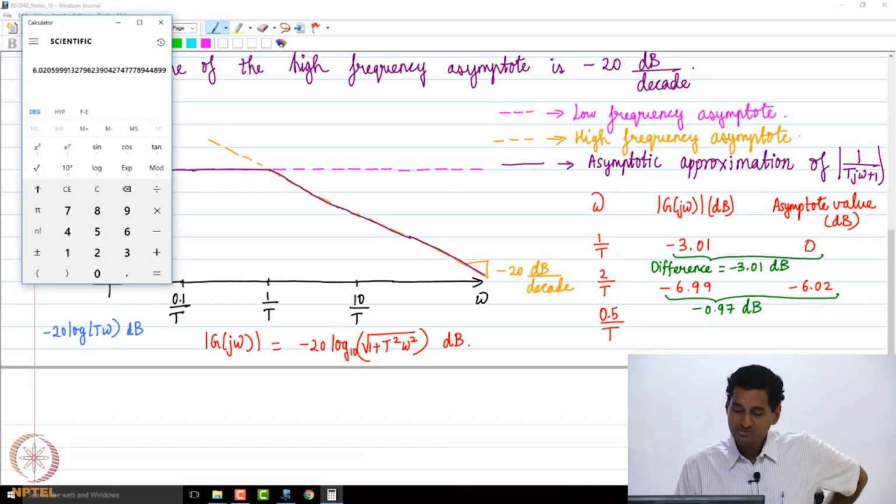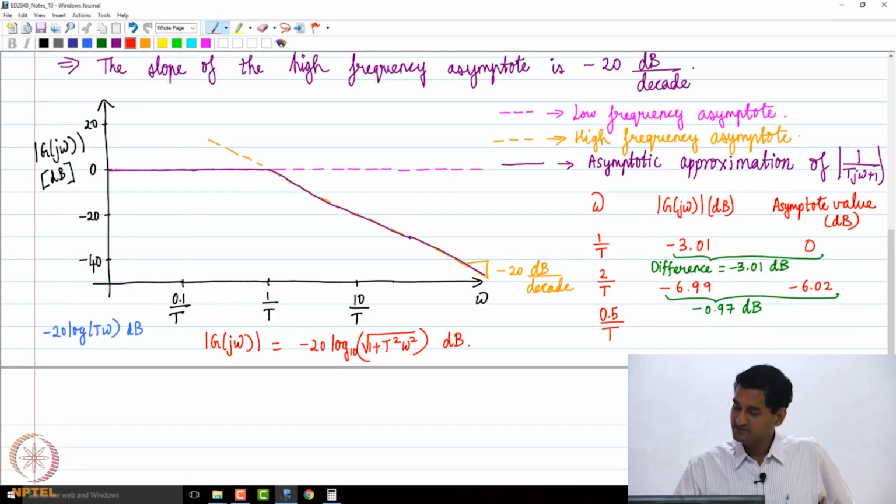So essentially we have the square root of 1.25, then you take the logarithm and multiply it by 20. That is what I am doing. So I get minus 0.97. So what will be the asymptotic value at 0.5 by capital T? 0. So what is the difference?